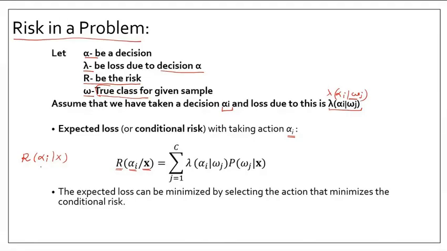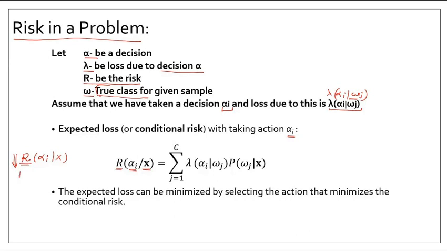I will take a decision in favor of a certain class provided the risk is minimized. I am not interested in taking high risk by taking a decision which is risky.